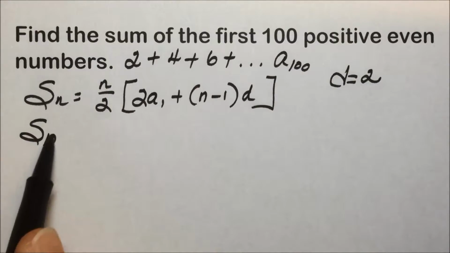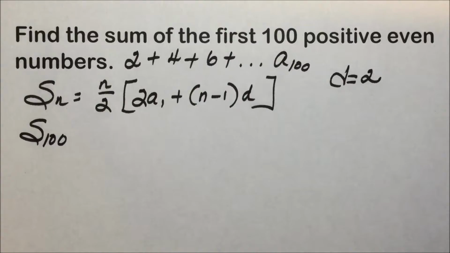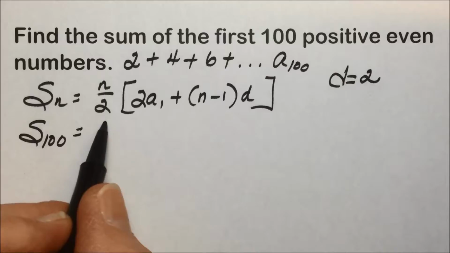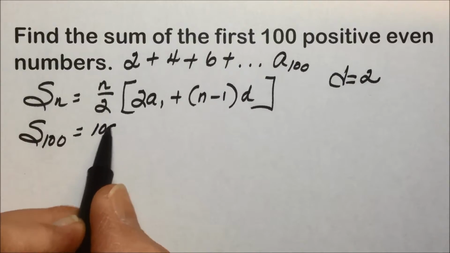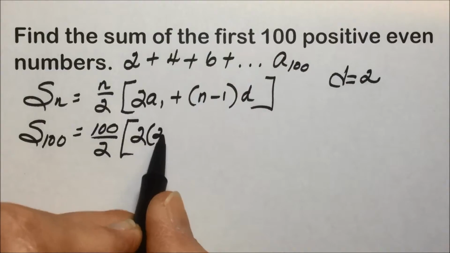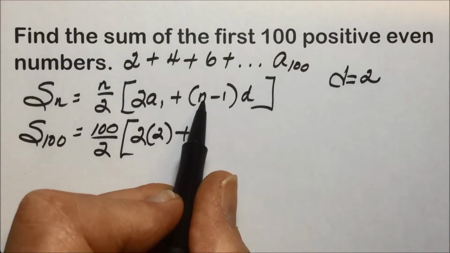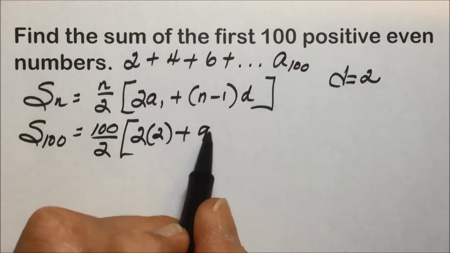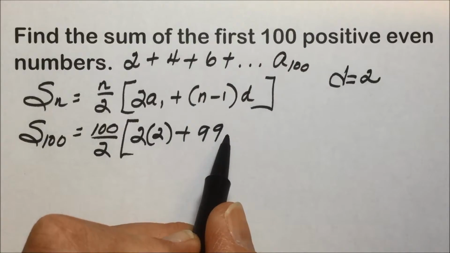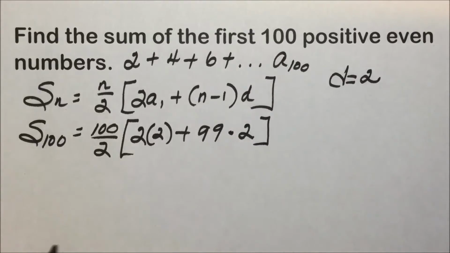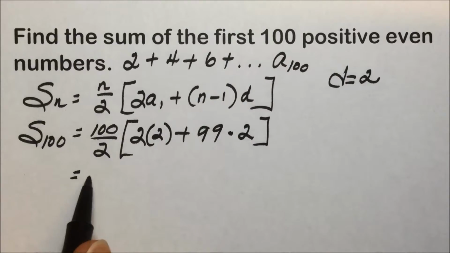To find then the sum of the first 100 terms, replacing the variables in the formula, n is 100, over 2, twice the first term. We have n, which is 100, minus 1 gives us 99, and we are multiplying that by 2, our common difference.